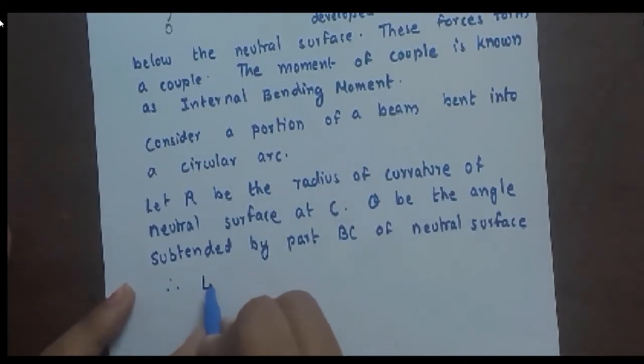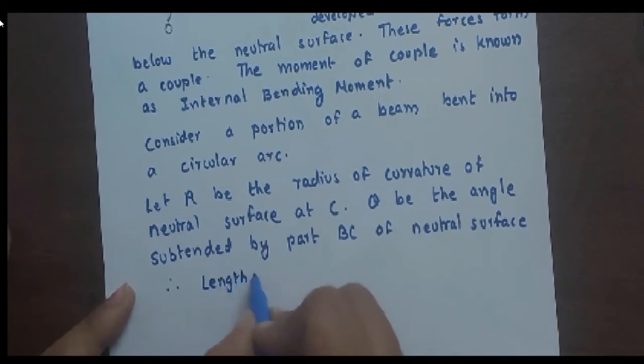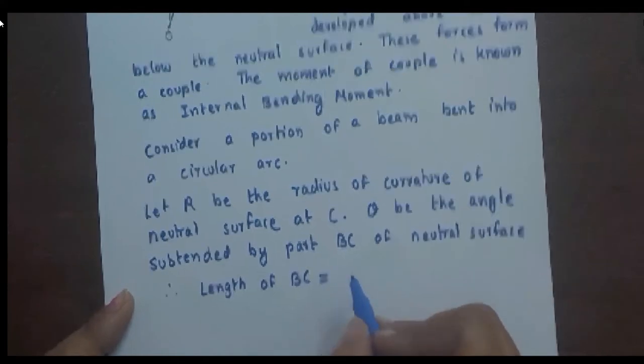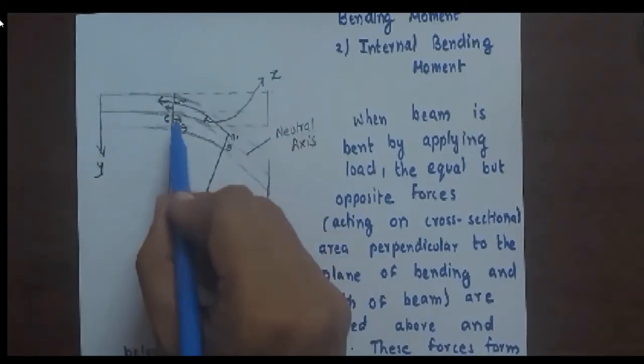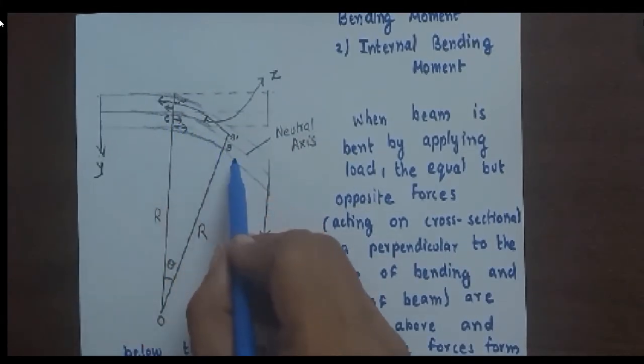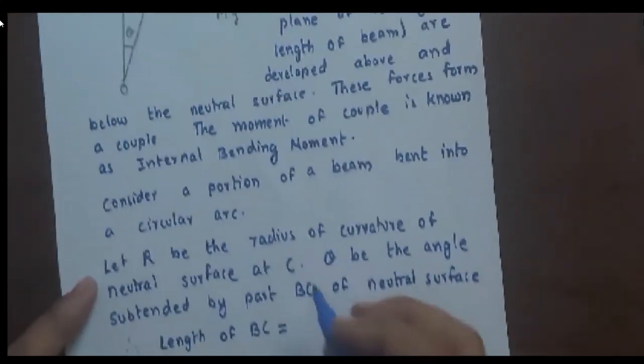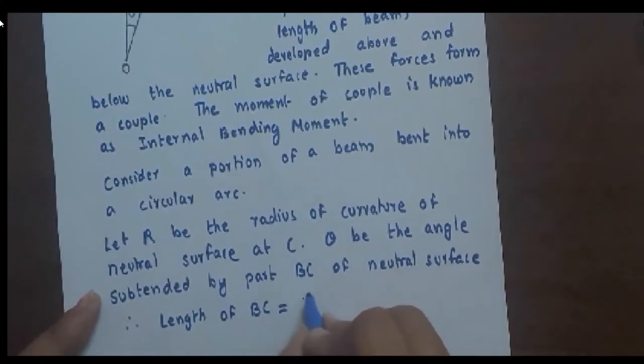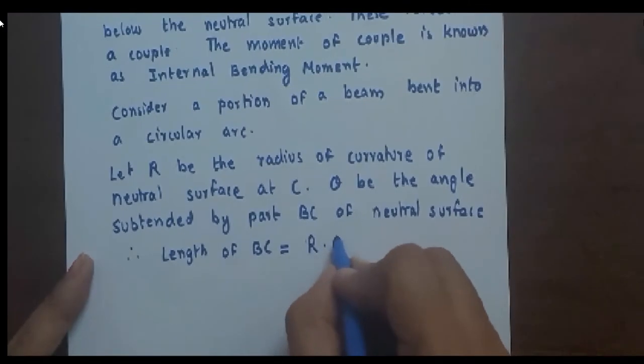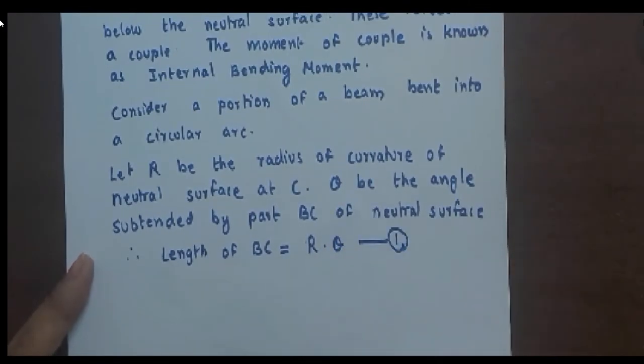Therefore, the length of BC, this is arc BC, is equal to R into theta, equation 1.